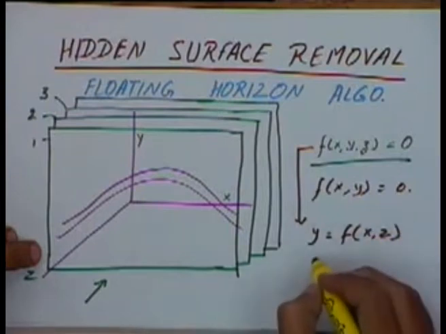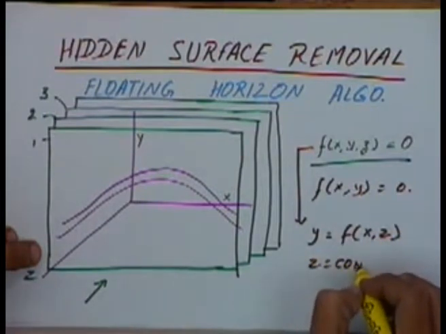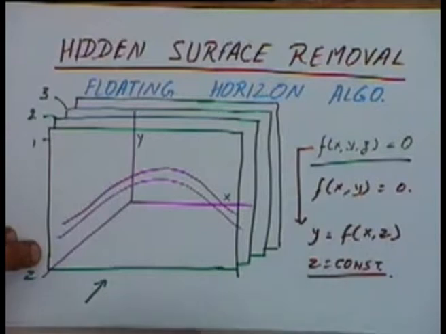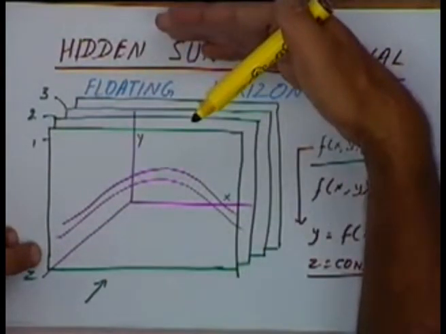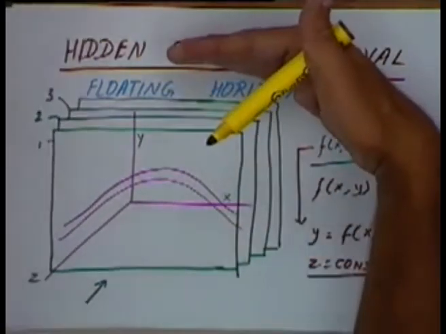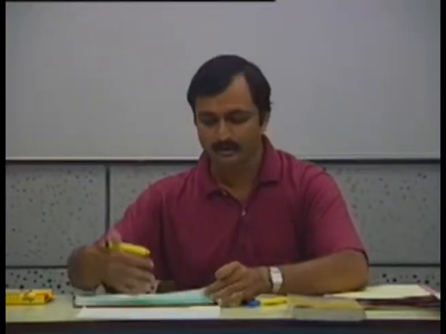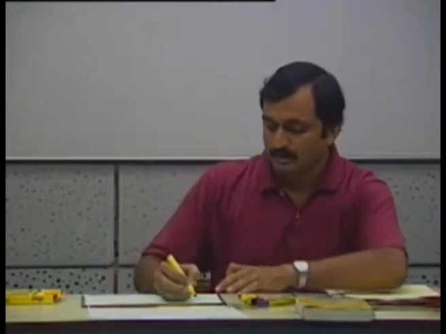Then we are taking z equal to constant curves. So we are getting a family of curves, and we have to display this set of curves.